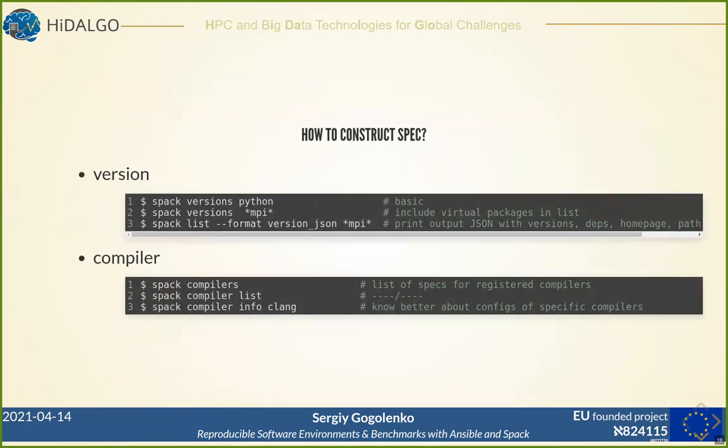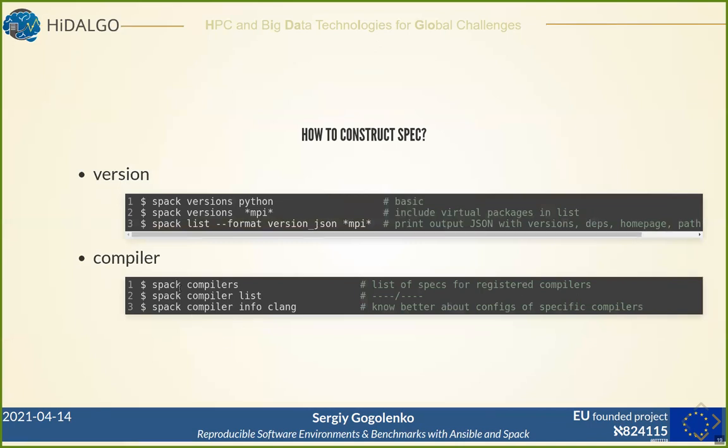So now let's go to the next components of the spec: versions and compilers. You can check versions with the instruction spack versions. You can also see versions with spack list, and this particular call provides a bit more details than simply a versions list. It provides quite elaborate information about available configurations of the packages which have MPI within their names.